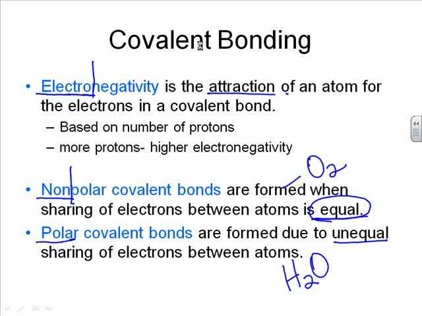This is referred to as a polar covalent bond. In this case, oxygen shares with oxygen, will do so equally. But in this case, oxygen will share with hydrogen, and because oxygen is a larger atom, it's going to command more time with the electrons, and it's not going to equally or fairly share the electrons. It's called a polar covalent bond.